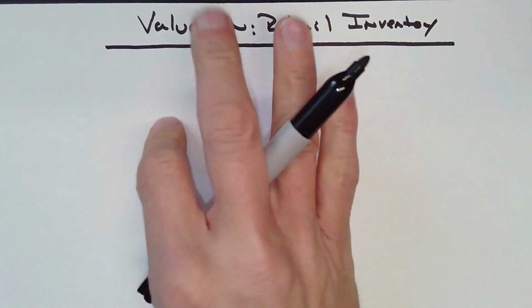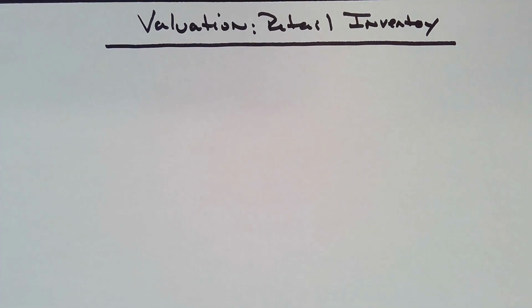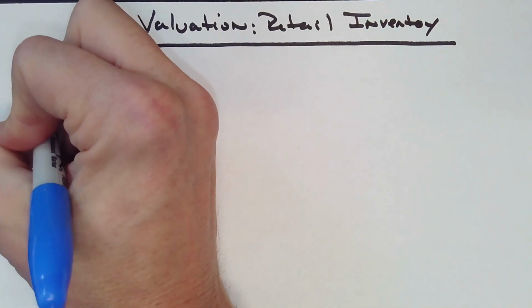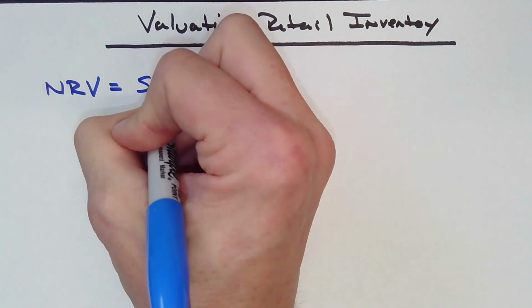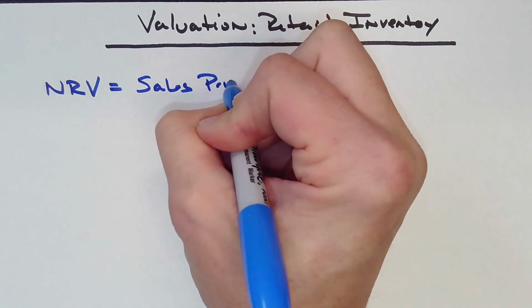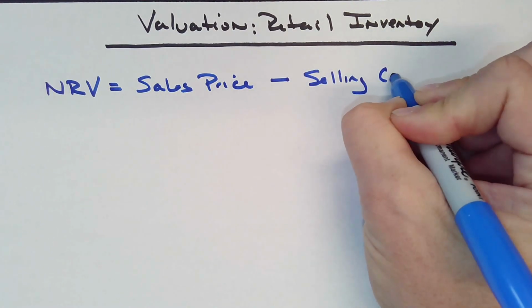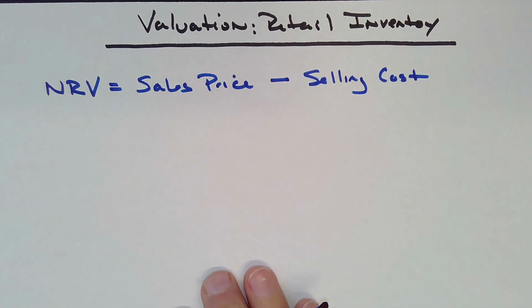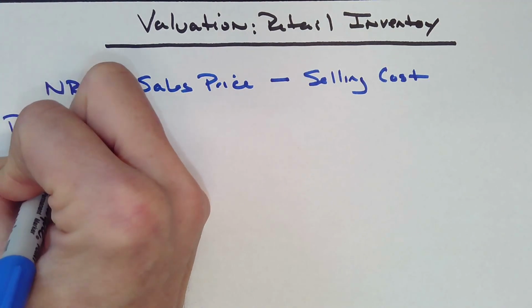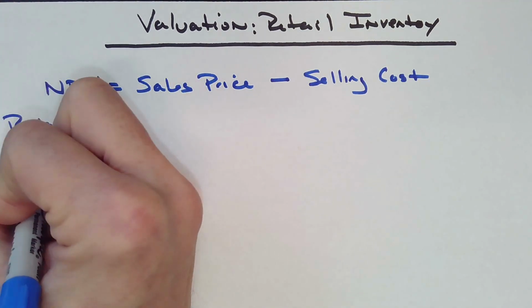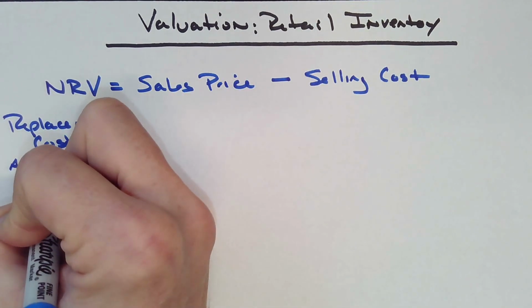We now have a few things. We've got net realizable value, something that we've already talked about, which is my sales price minus my selling costs. And now we have a new one called the market, or the replacement cost, aka the market.